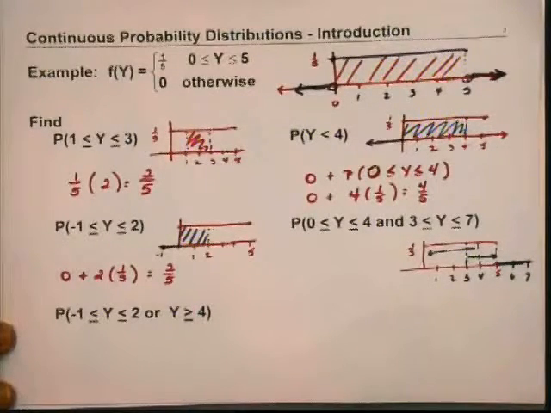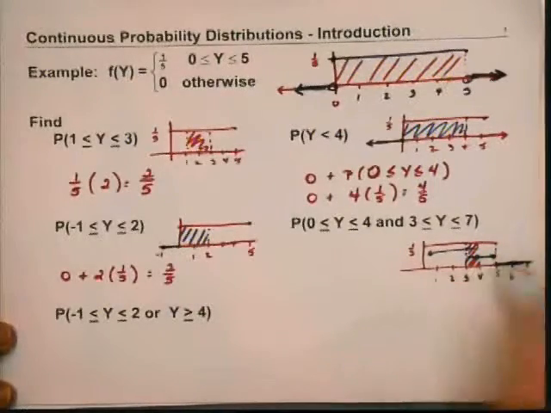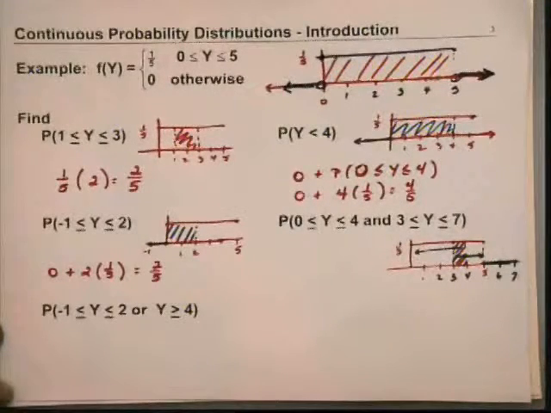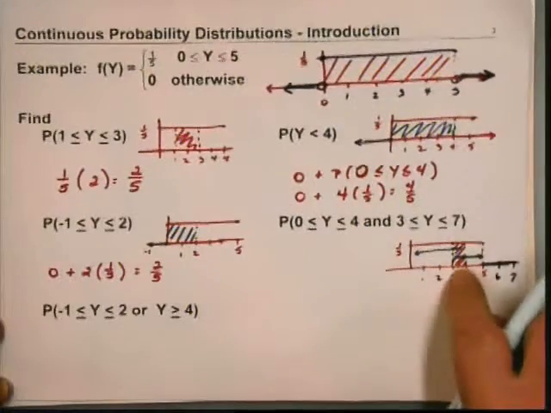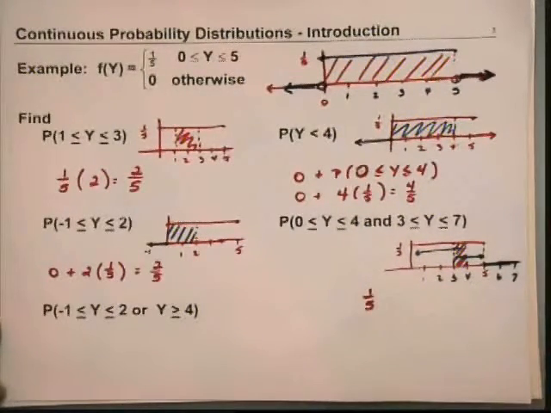So logical and means both must be true, so it's that intersection. And so that's just a distance of 1 and height 1/5, so the probability is 1/5 for both those conditions to be true.